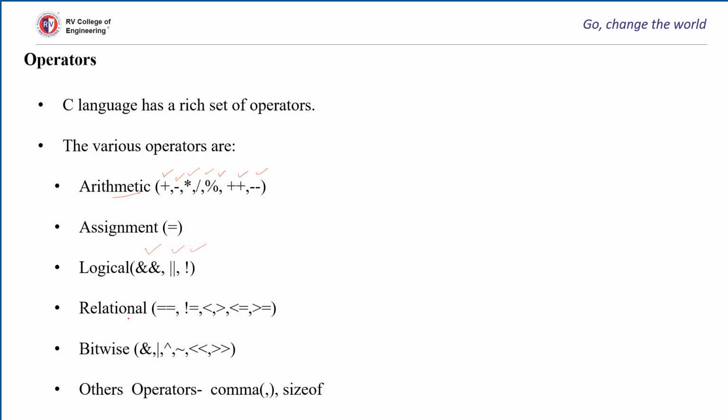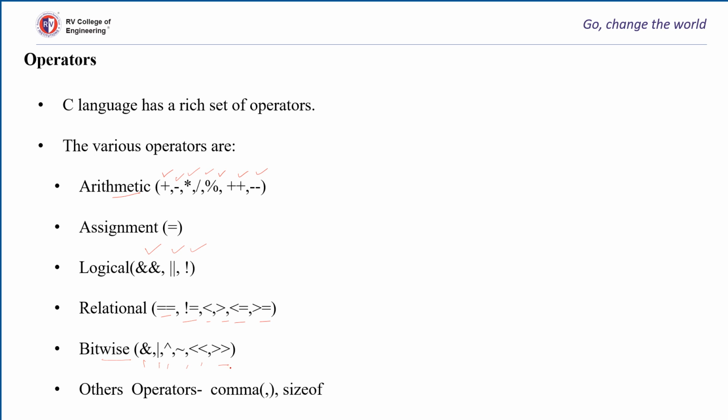Relational operators check equality, not equal to, greater than, less than, less than or equal to and greater than or equal to, to check the relationship between the operands. Bitwise operators are used whenever we perform operations on bits.